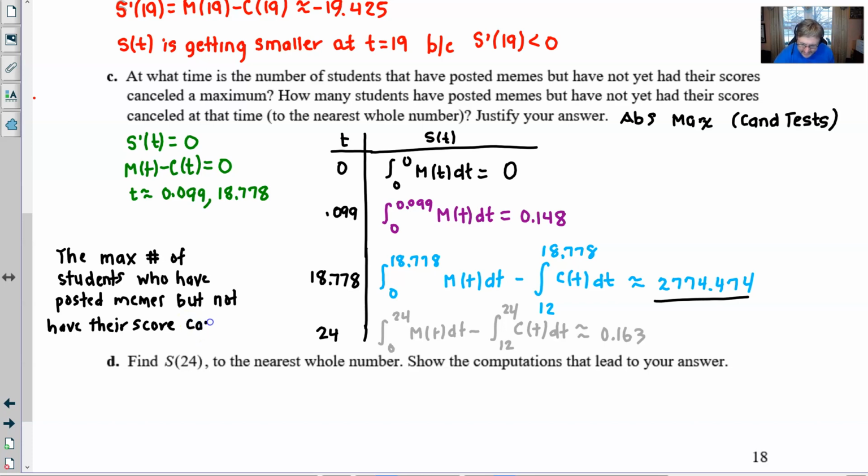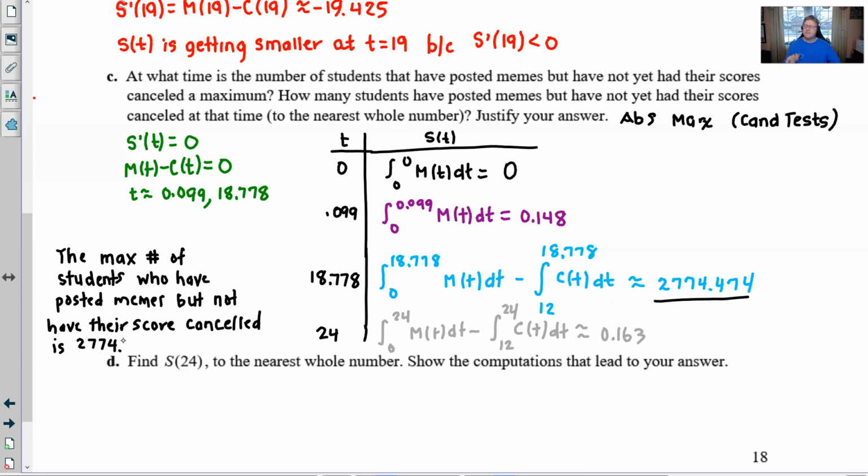And it does say in the problem up here that we can approximate to the nearest student, 2774. Okay, and that does happen at time 18.77 hours approximately. We don't need to state that.